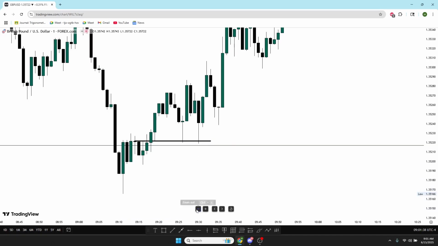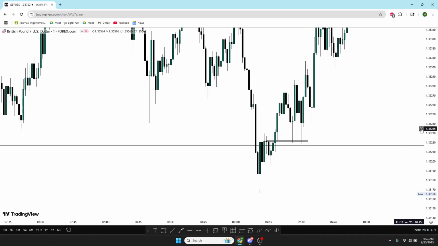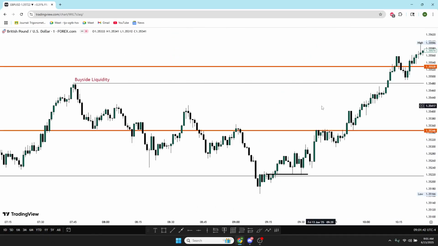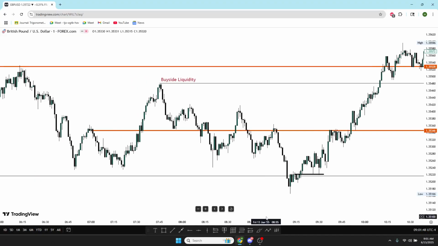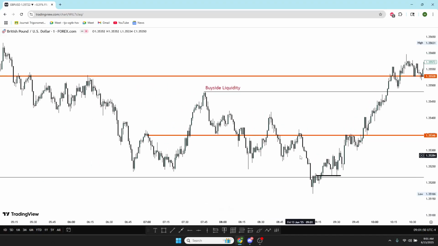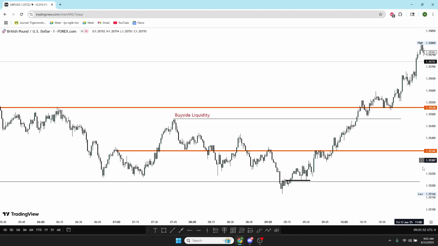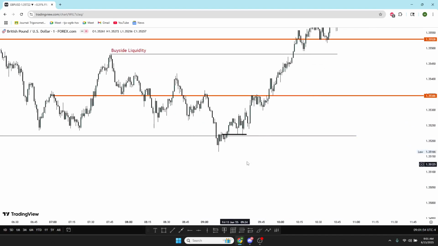And now, where am I getting out at? Most traders don't know where to get out at, but I just showed you guys where we should get out at. We created our range on the 15-minute chart. Once we do that, we know that we have our low end and our high end. This is our low end because we ran the sell side liquidity.